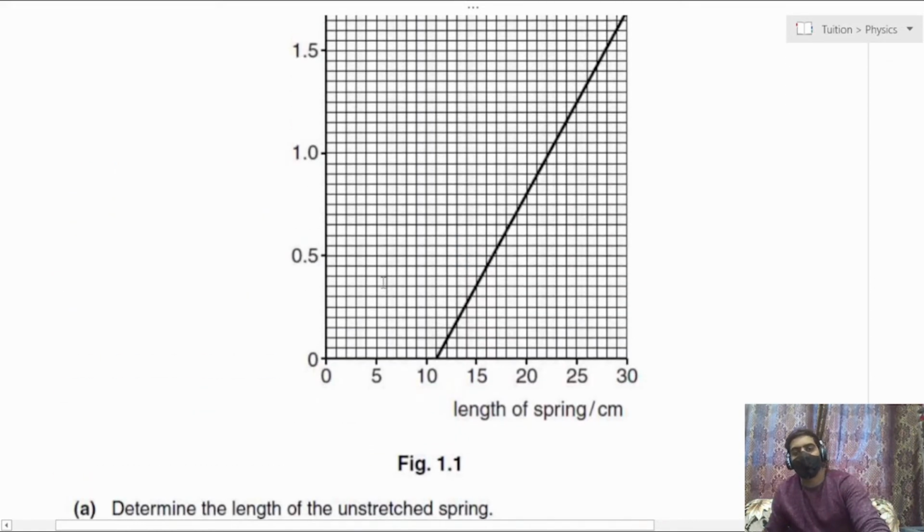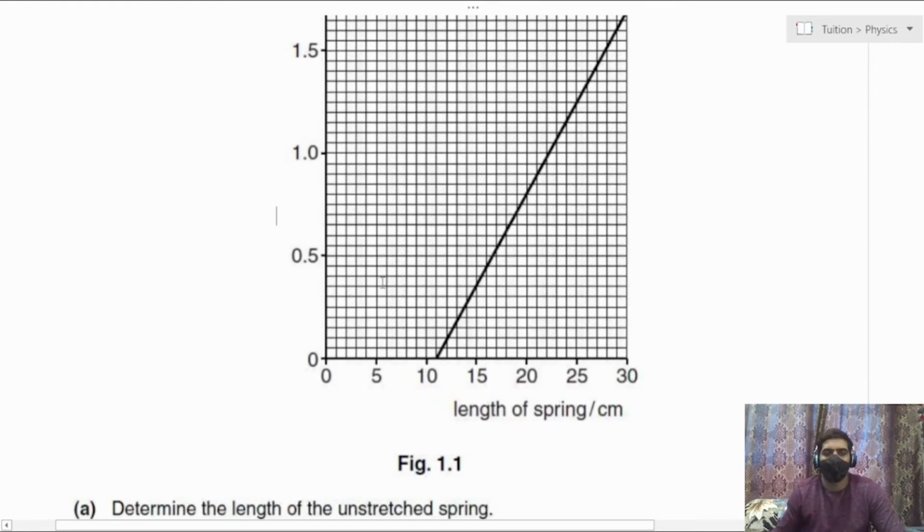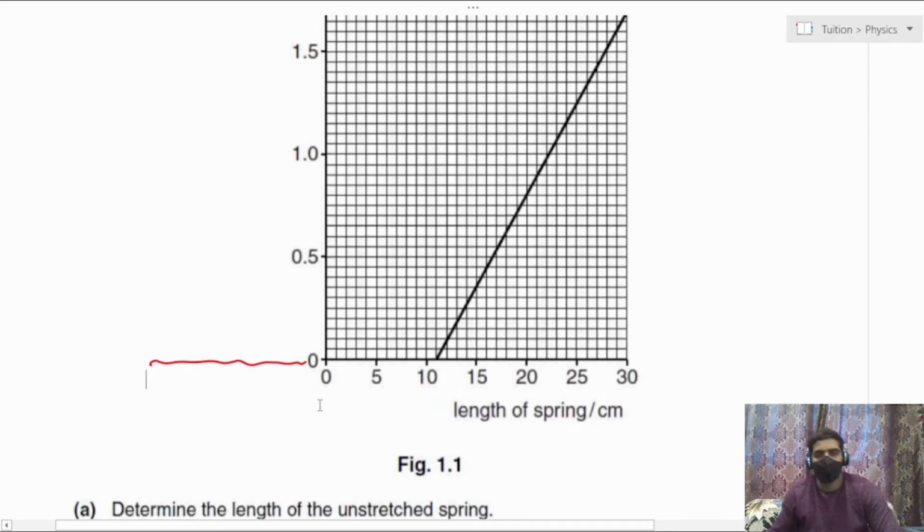So unstretched spring means they're referring to the point when there was no force acting on the load, right? You did not add any force or any weight on the load. So at the point when the force was 0, what is the extension of the spring?